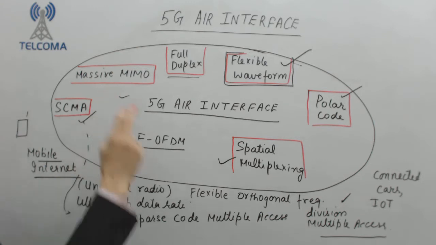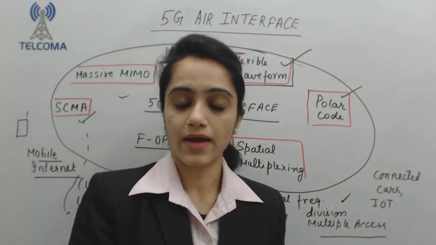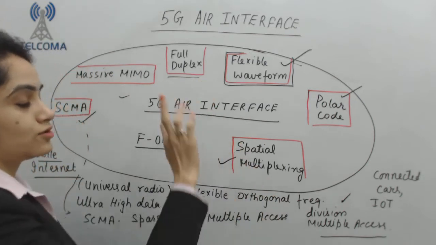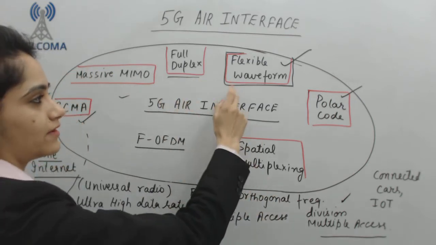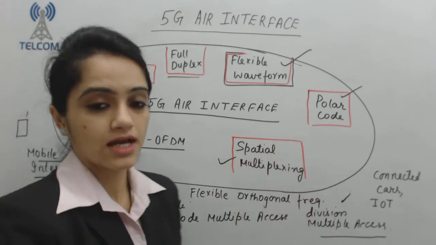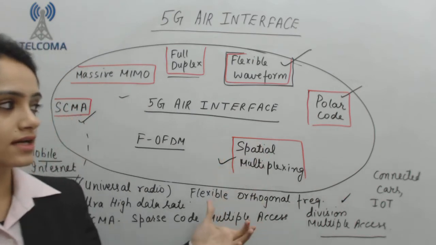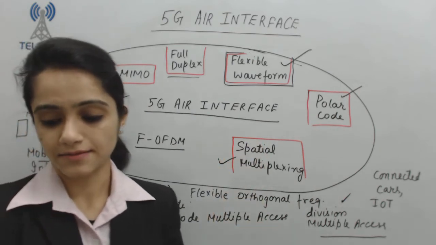Then we have the MIMO concept, that means at the ends we are increasing the number of antennas. Now full duplex mode, flexible waveform concept, polar codes and spatial multiplexing. Now we will discuss each and every entity in this air interface in detail.